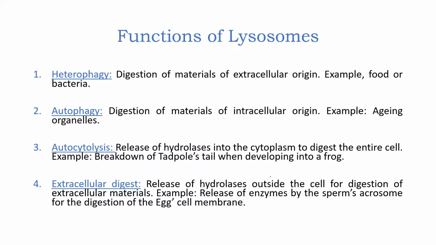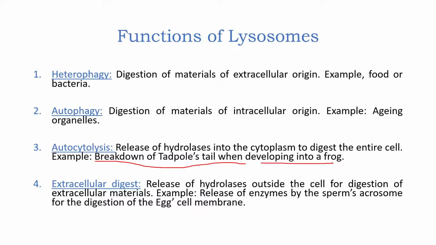A very common and very important example is the breakdown of the tadpole's tail when developing into a frog. So when metamorphosis occurs in a tadpole, it has to transform into a frog. That is when it has to get rid of the tail. A frog doesn't have a tail, but a tadpole has a tail.